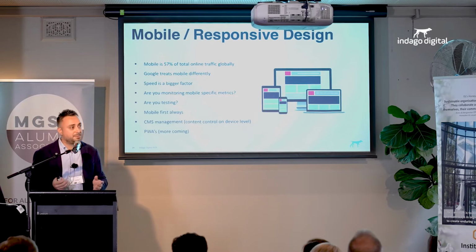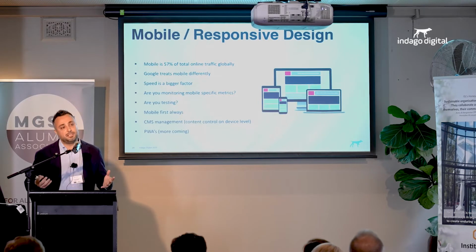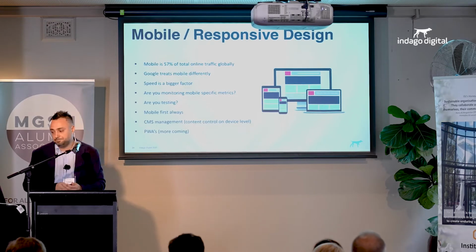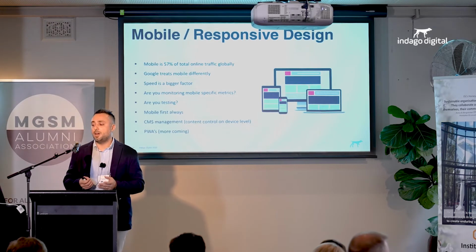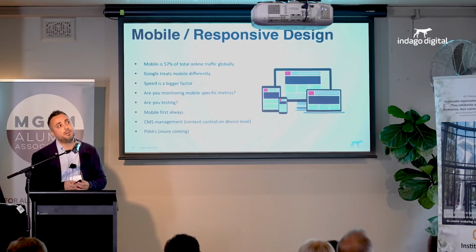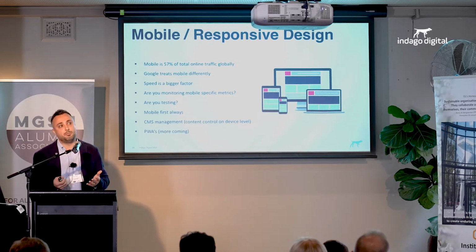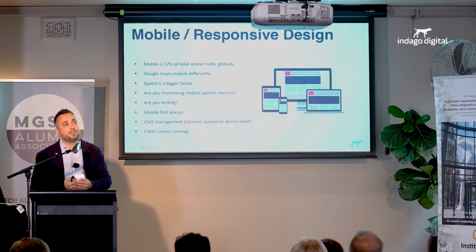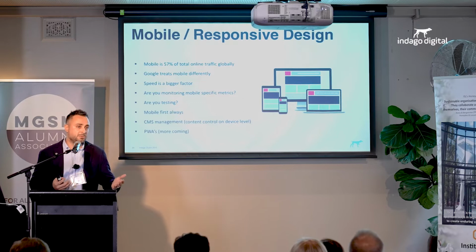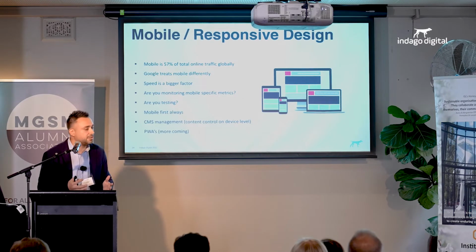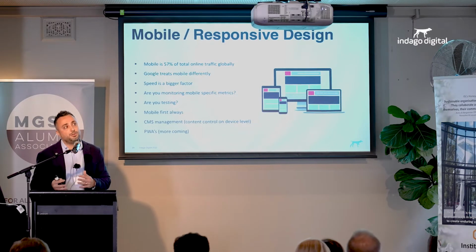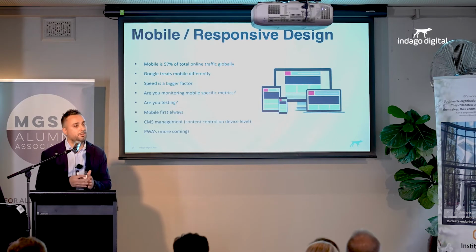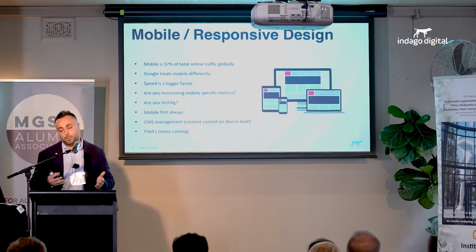If you're designing a website or designing pages, I think you need to be considering it from a mobile-first perspective these days. That's a given. The other big thing that I think has been overlooked more recently, because of the way mobile has taken off, is how does your CMS, your content management system, wherever you're entering your content, allow you to tailor your content and experience based on device or the width of your viewport?